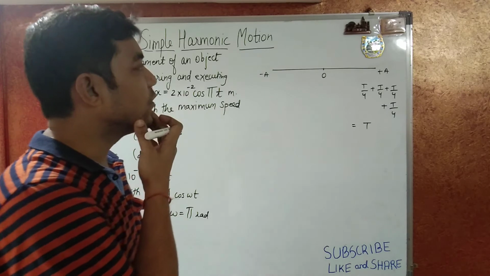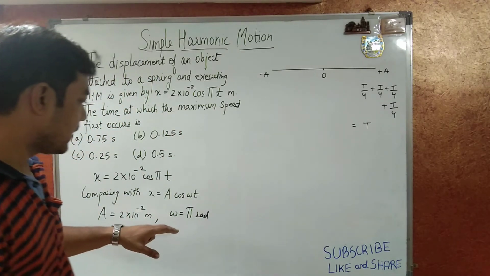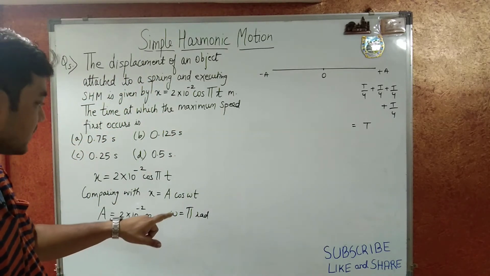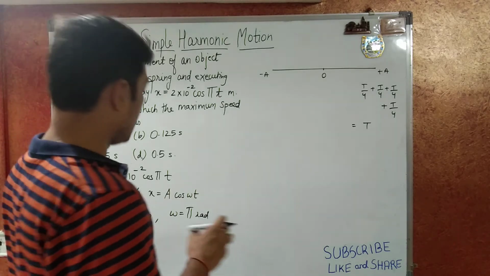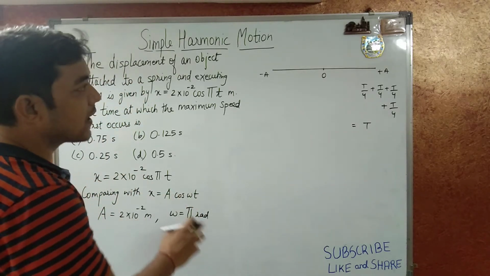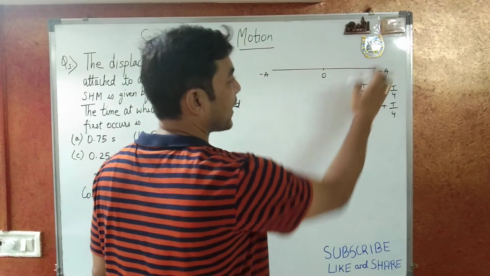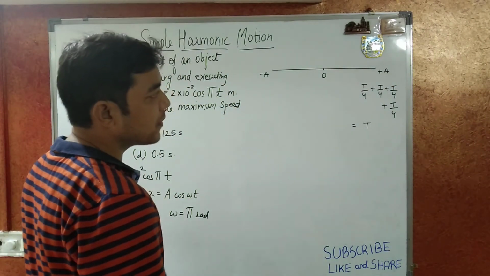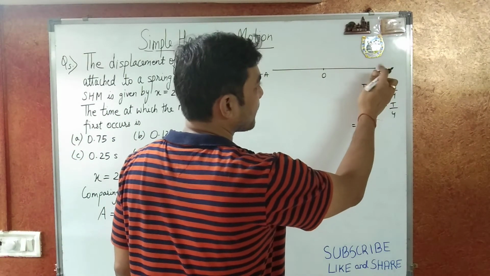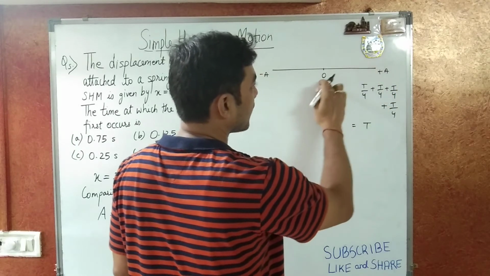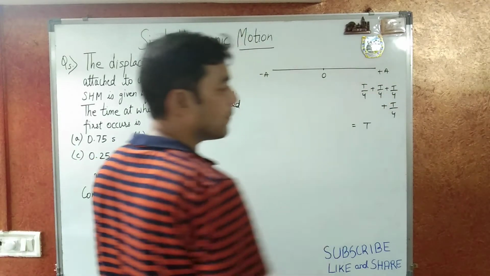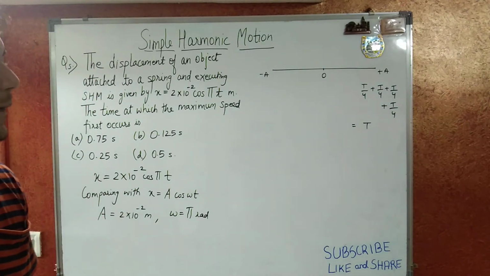As I said earlier, the motion has started from the extreme position. This equation tells you that. So how much time will it require to come from here to here? It will require T by 4 seconds.